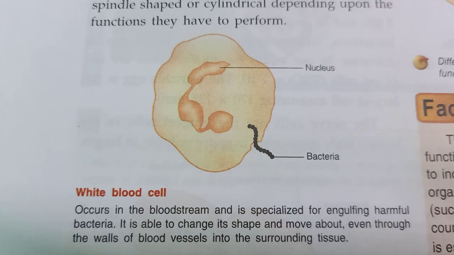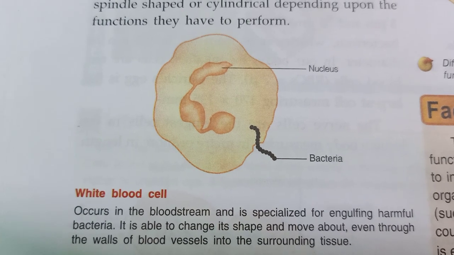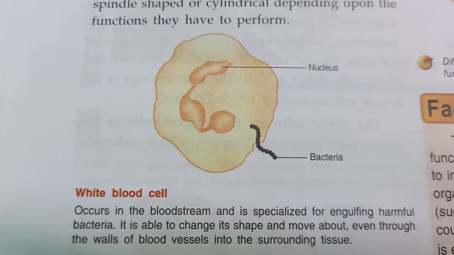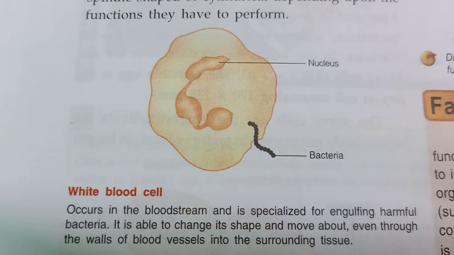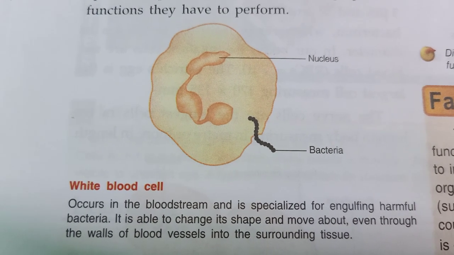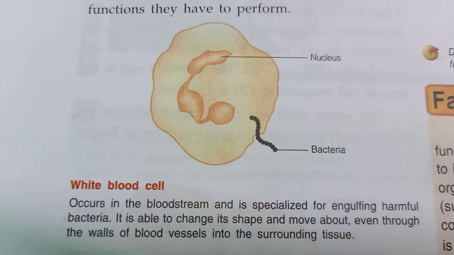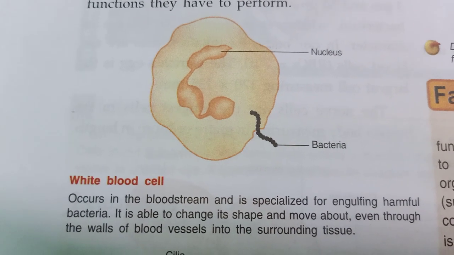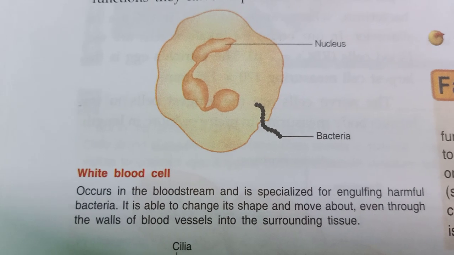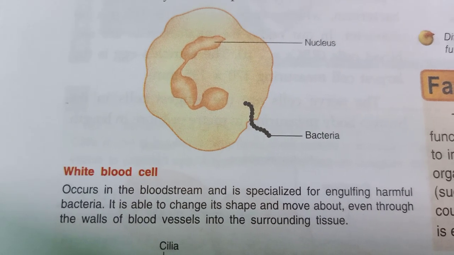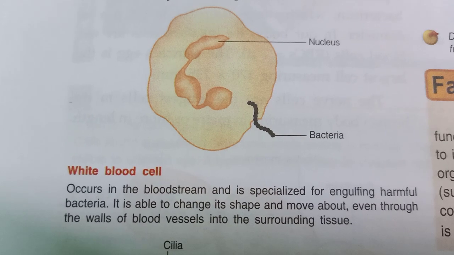Now here you can see the photograph of a white blood cell. It occurs in the bloodstream and is specialized for engulfing harmful bacteria. This means the function of these white blood cells is to engulf harmful bacteria.